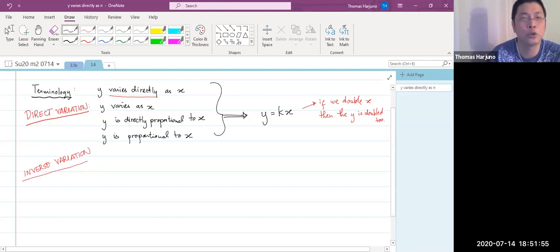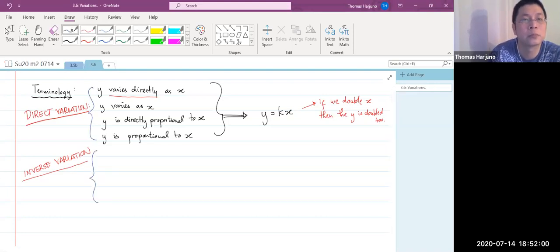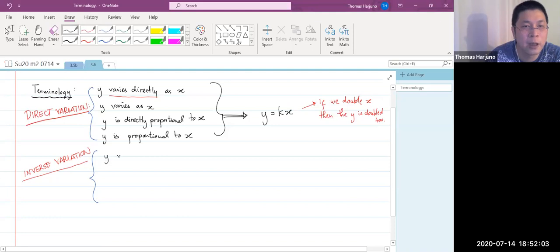The terms they use will be y varies inversely as x, or y is inversely proportional to x.